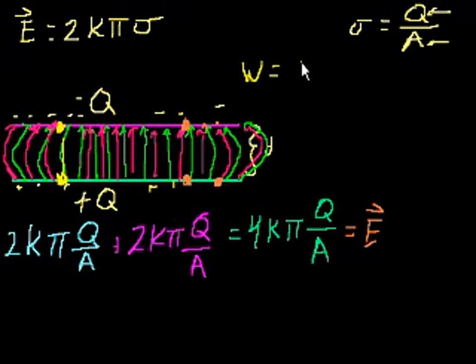It will be 1 coulomb times the electric field, right? Because we're always going to have to be going against the electric field, so we have to apply an equal and opposite force. So the force is going to be the electric field. So far this just gives us force. Coulomb times electric field, charge times electric field, tells us the force on the charge, right? That's force.